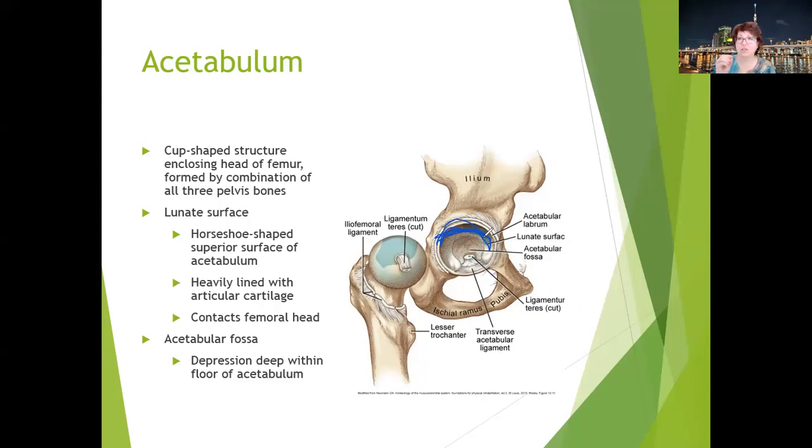It's heavily lined with articular cartilage for gliding and for shock absorption. The acetabular fossa is a deep depression within the floor of the acetabulum, and it provides attachments for some of the ligaments, which we'll talk about in some of the later lectures.